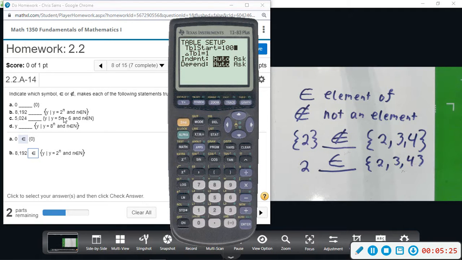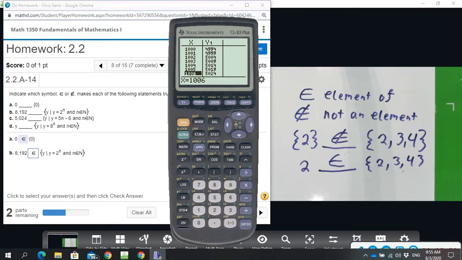So if I do 5 times 100, I'm going to be at 500. I want to be at 5,000. So let's do 1,000 here, and then hit enter. And then we're going to go back to second graph. So I'm starting at 1,000. And look here at 1,006. We get 5,024. So this is with technology. This is how you see it that way. Okay.